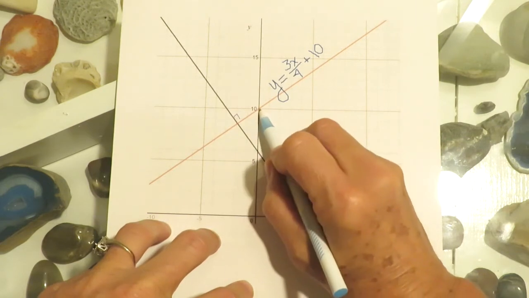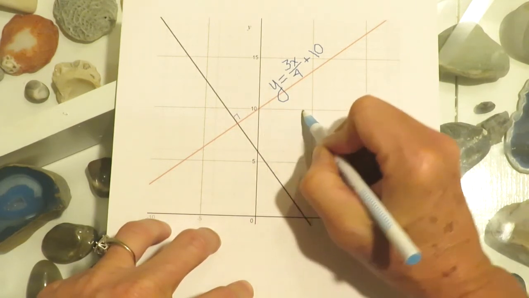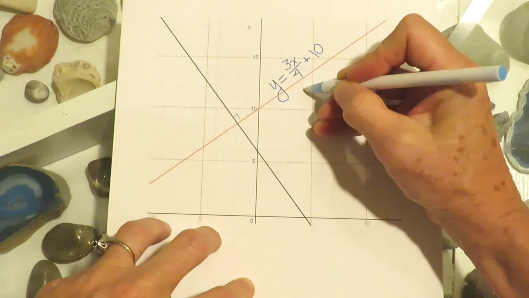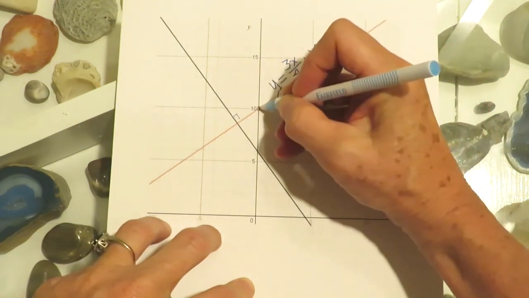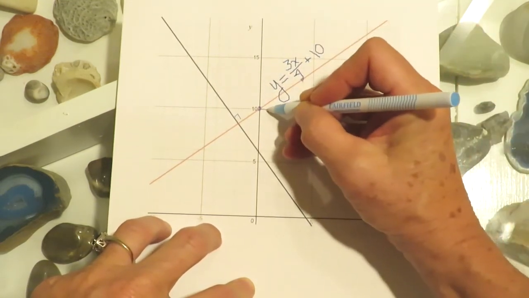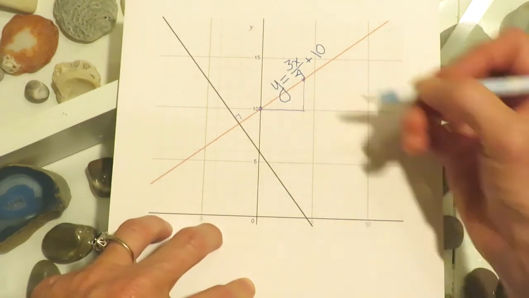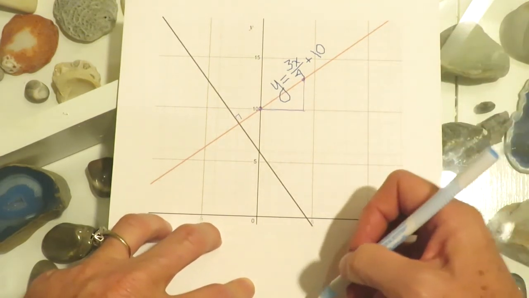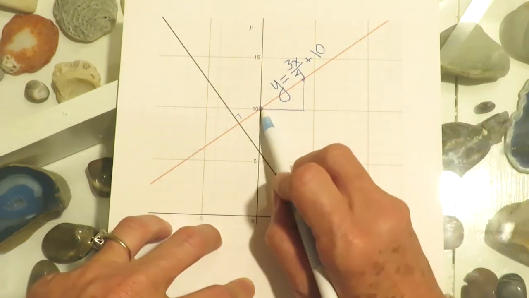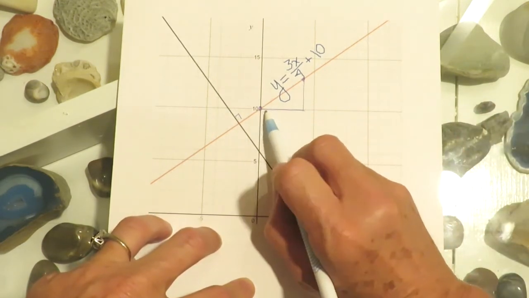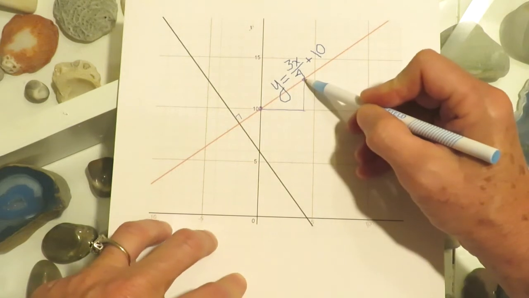So that means when I go over 1, 2, 3, 4, I go up 1, 2, 3 to get to another point on the line, or any ratio that's equivalent to 3/4. I could go over 1 and go up 0.75, and I would also land on a point on the line. So over 4, up 3.